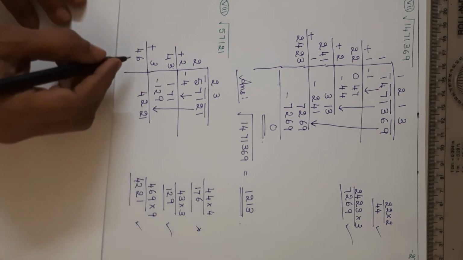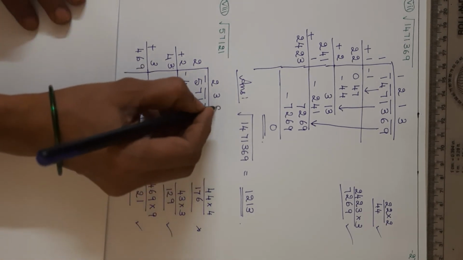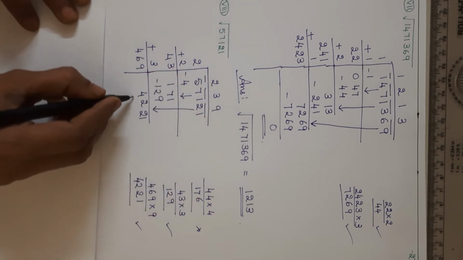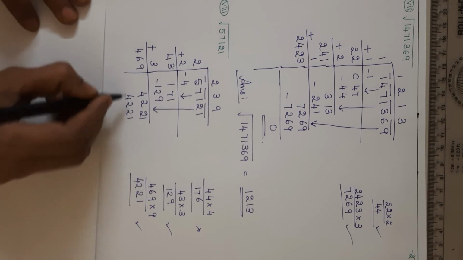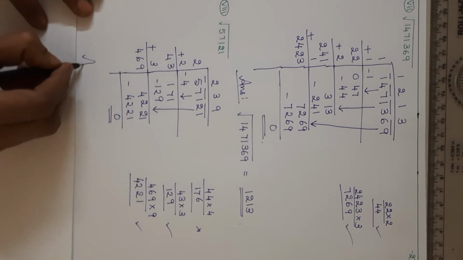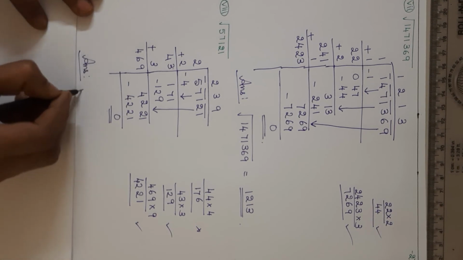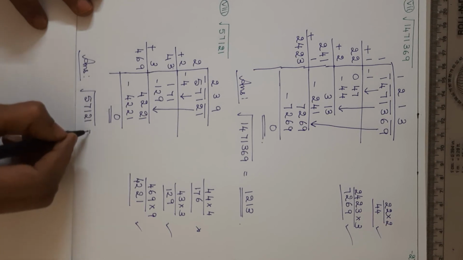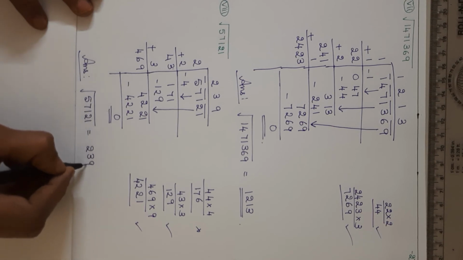Yes. So it will be 9. 469 into 9 is 4221. Subtract, you get 0. So the answer is square root of 57121 is equal to 239.